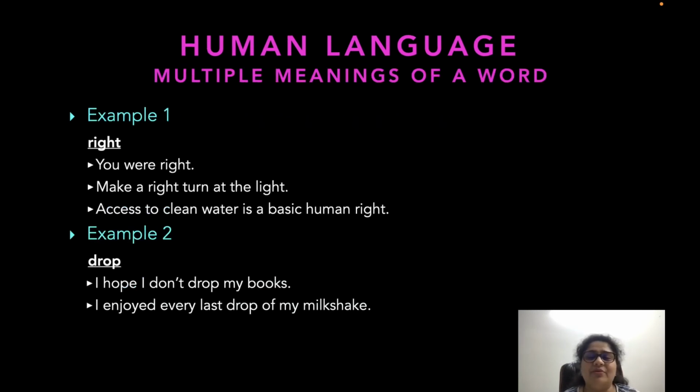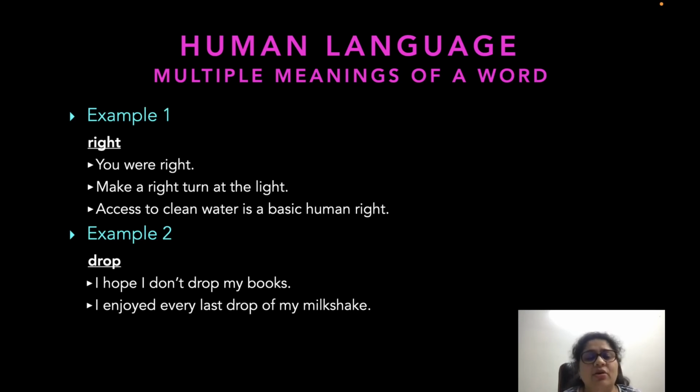One more example of human language complexity: multiple meanings of a word. First example, we'll take the word "right," R-I-G-H-T. I have presented three sentences here. "You were right." The meaning of right in this sentence is that you are correct.